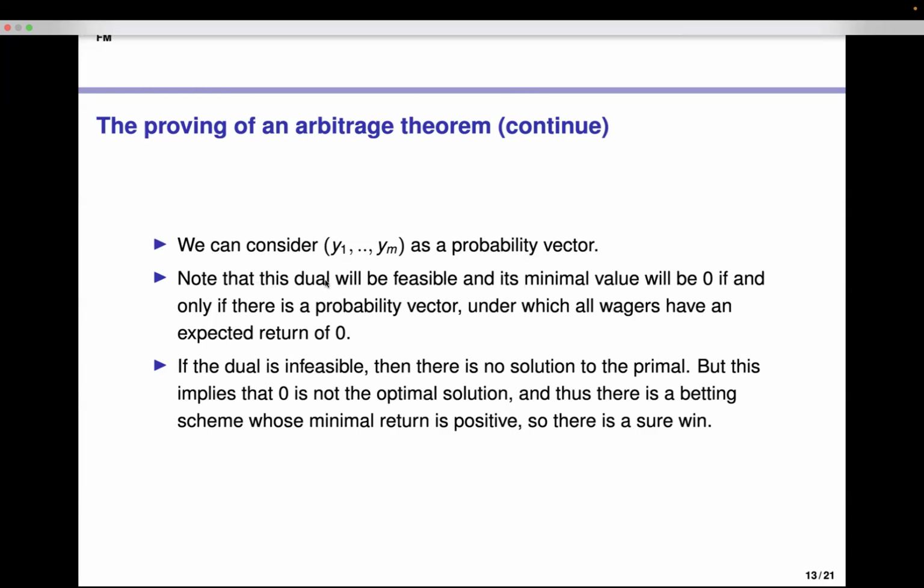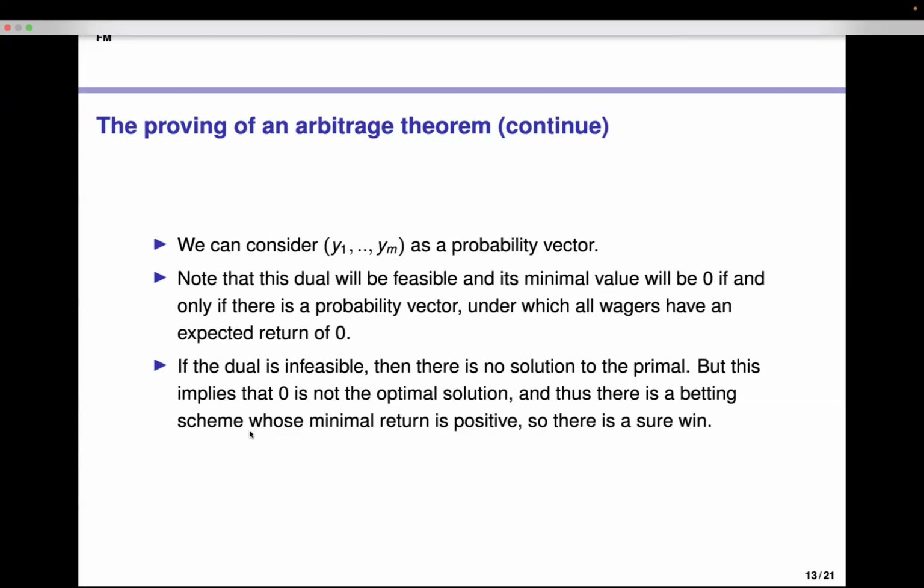And this dual problem will be feasible, and its minimum value will be 0 if and only if there is a probability vector under which all wagers have an expected return of 0. And if the dual is infeasible, then there is no solution to the primal.